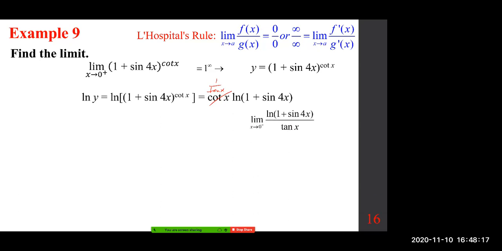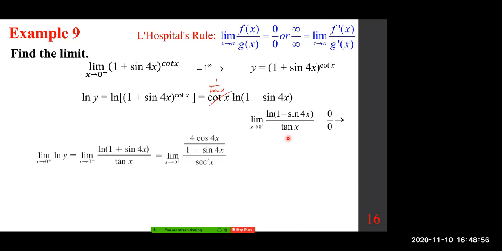And so now when you plug in, you get 0 over 0. It's obvious the sine is 0, tangent is 0, when x is 0. So we are taking the limit of this piece, and therefore we can use L'Hopital's rule, by taking the derivative of the top, which means flip it over, 1 over 1 plus sine 4x, then times the derivative of this expression, cosine 4x times 4, over the derivative of tan x, which is secant squared.